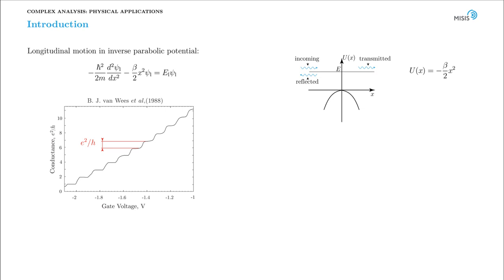Here I'd like to point out that the potential is a smooth and simple function of coordinates, and one would naturally expect that the solution far to the right of the potential will be the simple smooth continuation of the solution to the left. So the incoming wave smoothly turns into the outgoing wave.